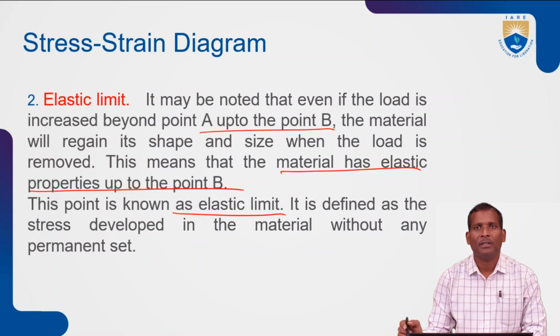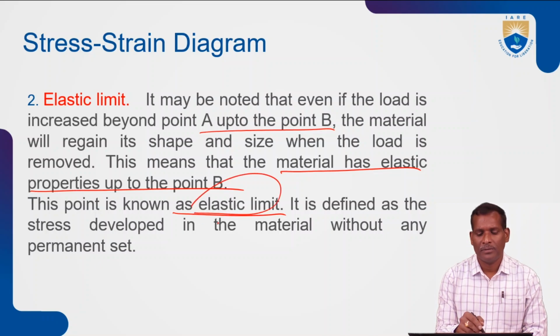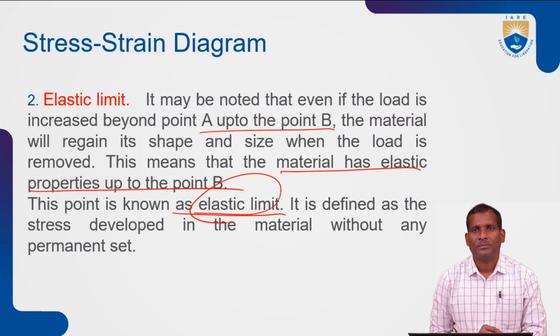The material has elastic properties up to the point B. This point is known as the elastic limit. It is defined as the stress developed in the material without any permanent set.